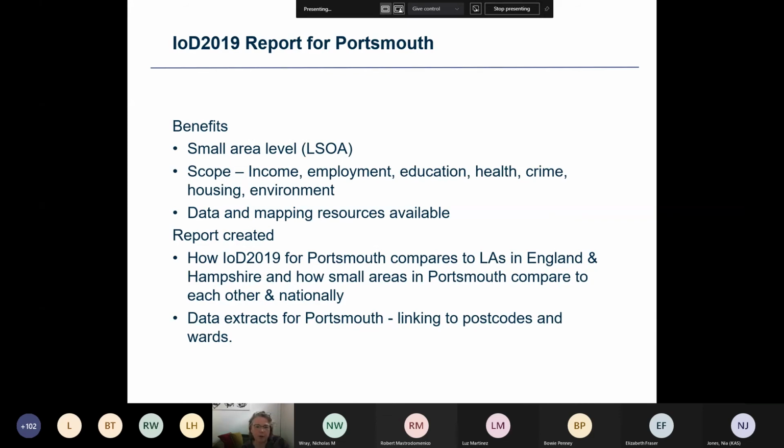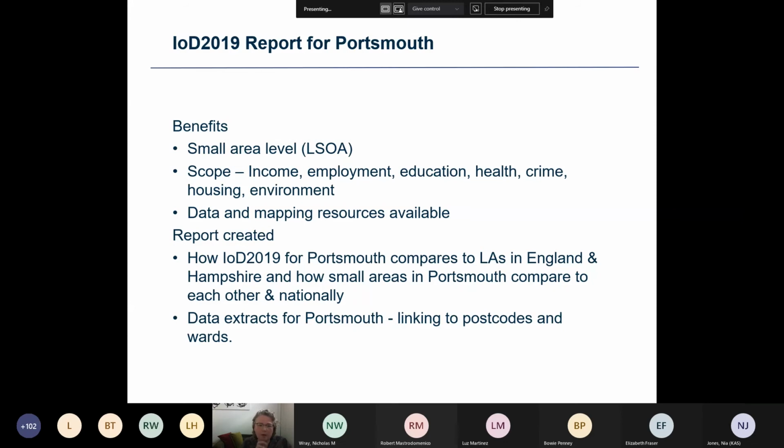These were described previously: income through education, employment, health, crime, housing and environment. So as well as the overall index, you get a number of domains. And data and mapping resources are freely available. The other attraction is it's up to date, at least relatively, and definitely more so than the 2011 census. And as they are national statistics, they are authoritative.